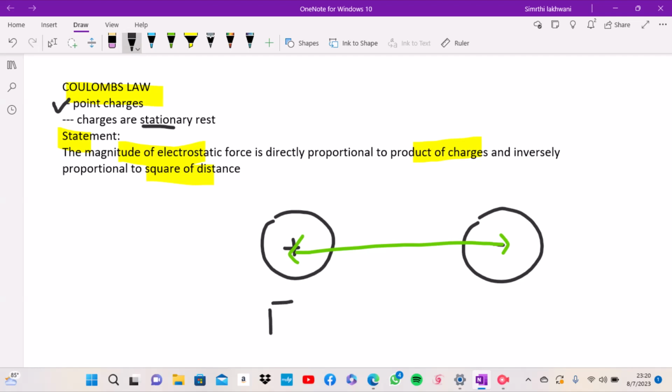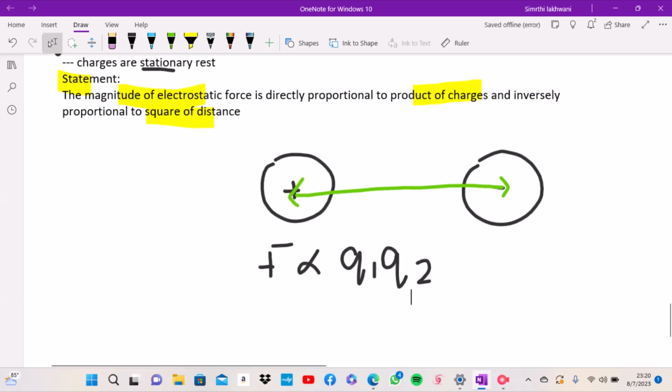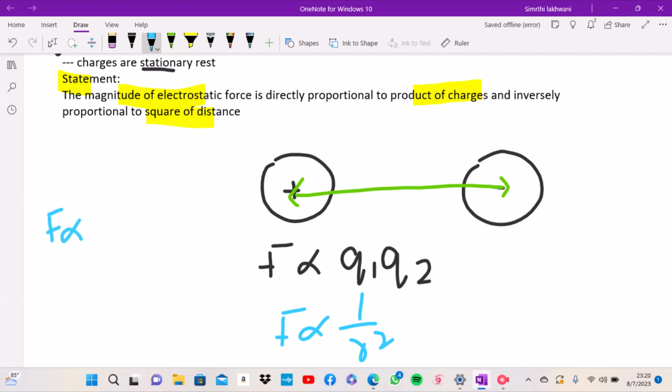It means the force is directly proportional to Q1 and Q2. The electrostatic force is directly proportional to the magnitude of the product of charges and inversely proportional to the square of distance. So this is the statement of Coulomb's law. When we combine this statement, it becomes like this.